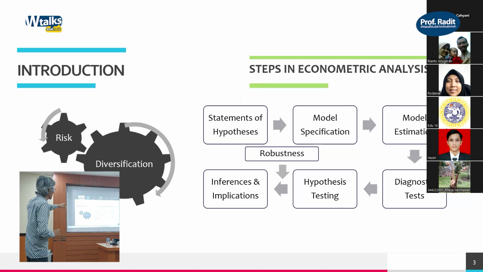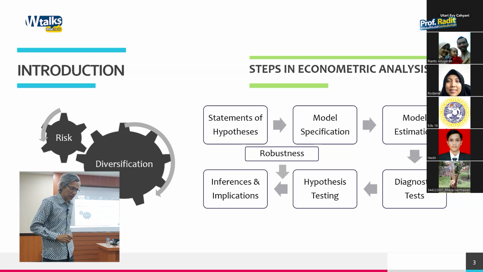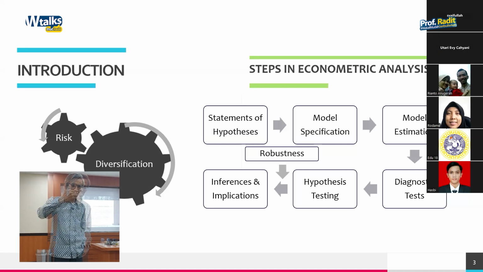I give you a very simple example. Let's say you would like to look at the impact of diversification on risk. Let's say you look at a bank, right? A bank obtains income from financings, but a bank also obtains income from non-financing activities like trading, fees, right?